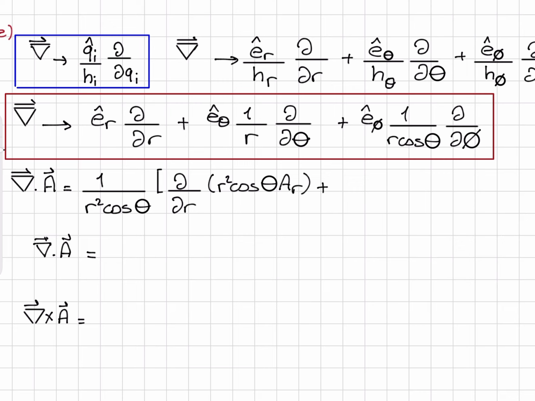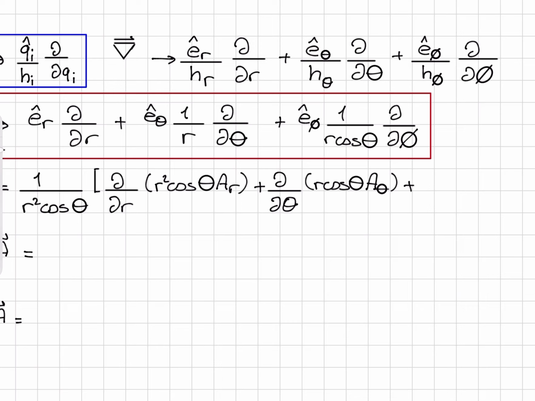And then the partial derivative with respect to theta of h_r h phi A theta, which is r cosine theta A theta. And then the partial derivative with respect to phi of h_r h theta A phi, which is r A phi. This will give us the divergence of vector A.